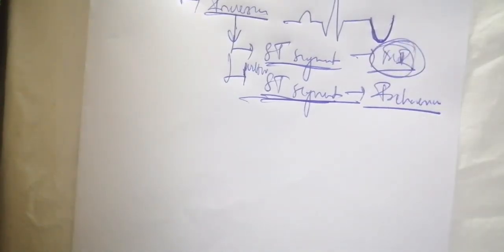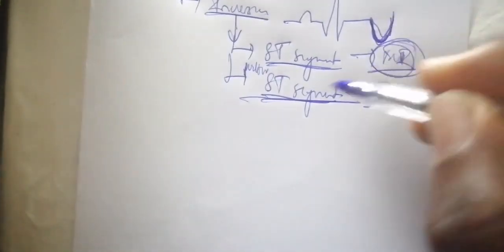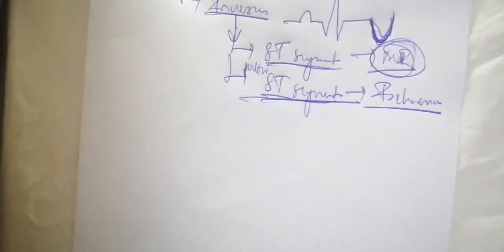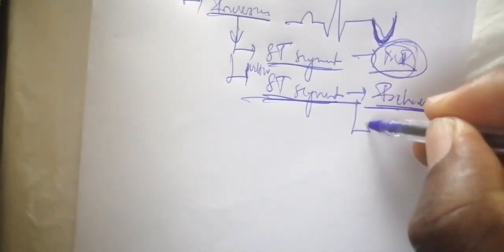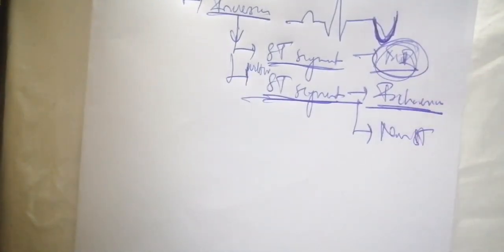Now, when you have an inverted T wave plus no ST segment elevation, it means that it is just an ischemia, or it can be a myocardial infarction in the case of a non-STEMI, a non-ST segment elevated myocardial infarction.